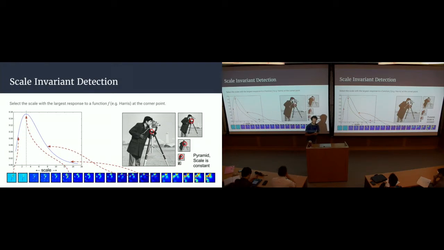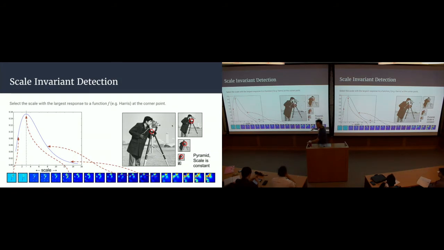So how do we pick the scale for a key point? This is the Harris operator. I just did a for loop, Harris operator over a scale of about 1 to 20, going down in size. Right? Over there on the left is the original image. This is the original downsampled by a factor of 20.